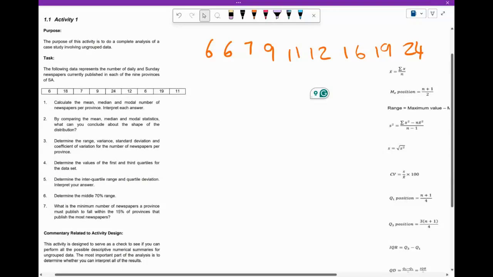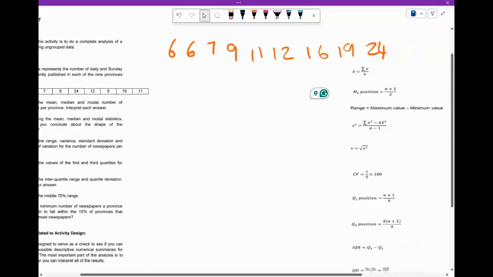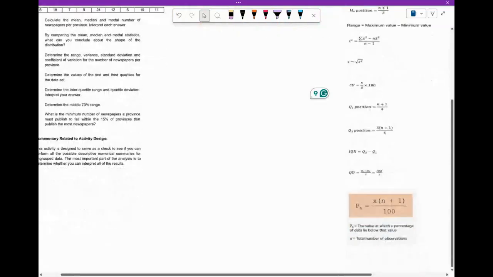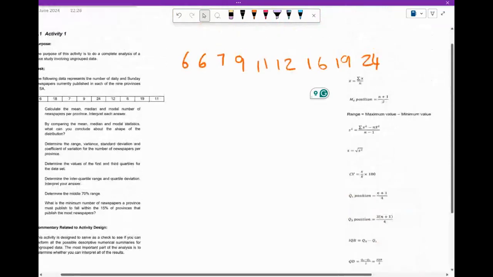Then we can go on to calculate the mean. And you'll see here on the side, I've just put the formulas. For those of you who may not know, you guys have a formula sheet. So why must we waste our time mastering, or should I say, cramming these formulas when we're going to be giving them? It's better to spend time practicing, isn't it?